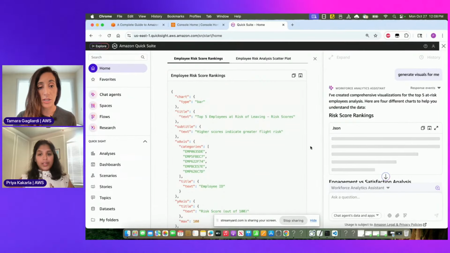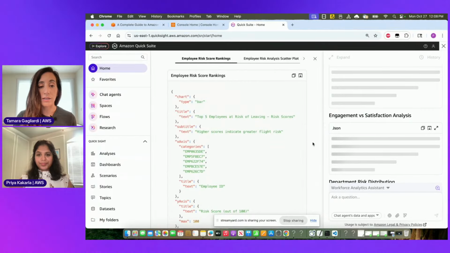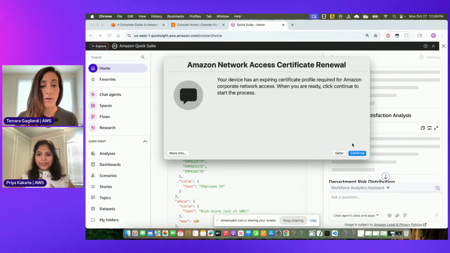That's something else I wanted to call out, because if the person you're sharing the chat agent with does not have access to that space or the data, that's something that we also are very mindful of: only the people that have access to the data sets are able to leverage those agents.